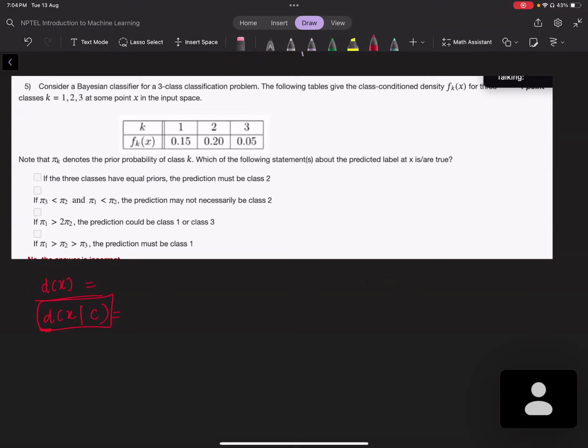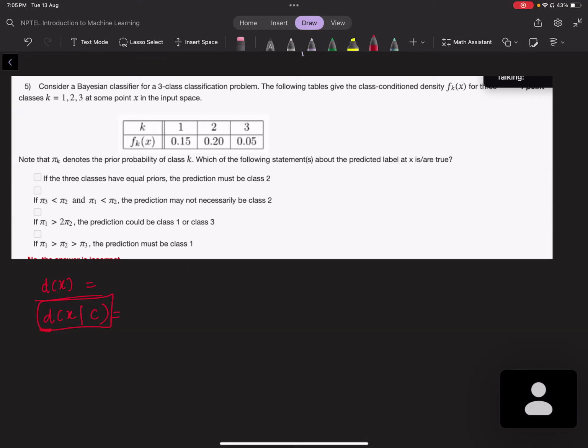So it's f_k of x. The following tables give the class condition density f_k(x) for 3 classes k1, k2, and k3 at some point x in the input space. So if the input space is x, the class condition density of data point x is given by f_k of x, and these are the values.